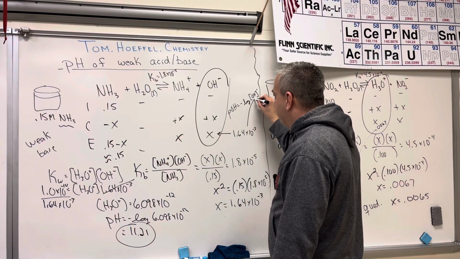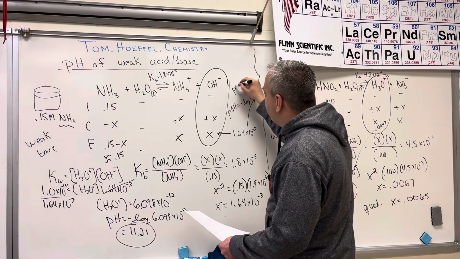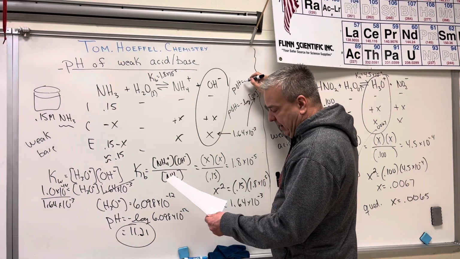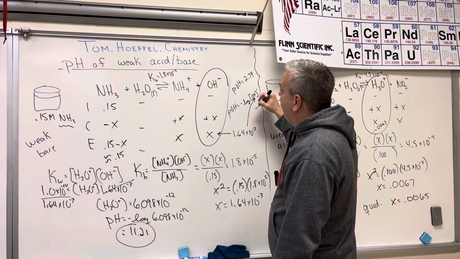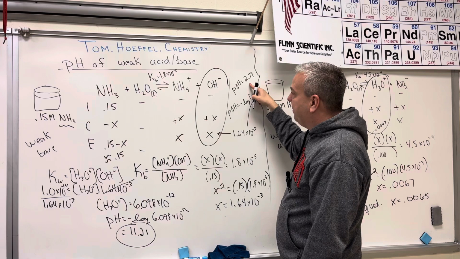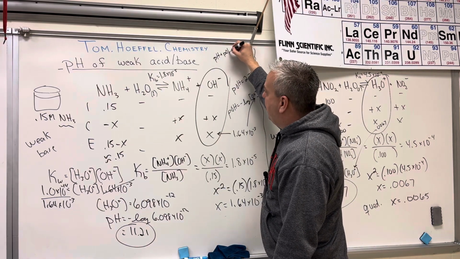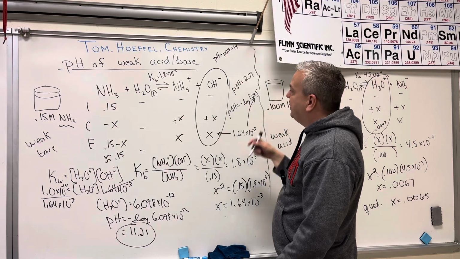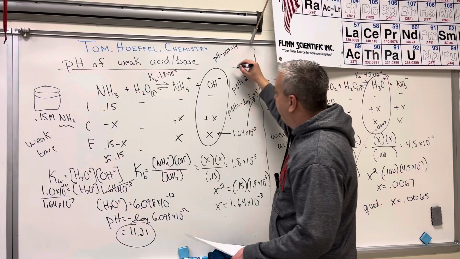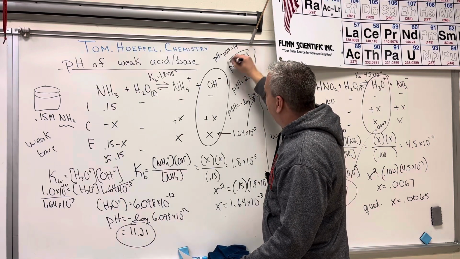And if I plug this number in right here, I'll find out that the pOH is equal to 2.79. And then I subtract this from 14 to figure out the pH, because pH plus pOH is equal to 14. So if I have the pOH, 14 minus 2.79 gives me a pH of 11.21, okay?